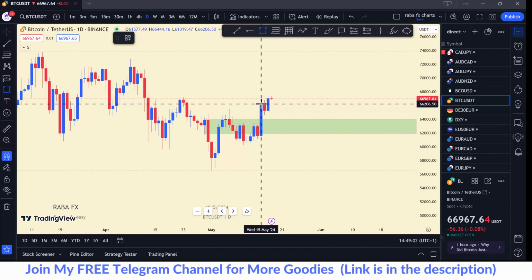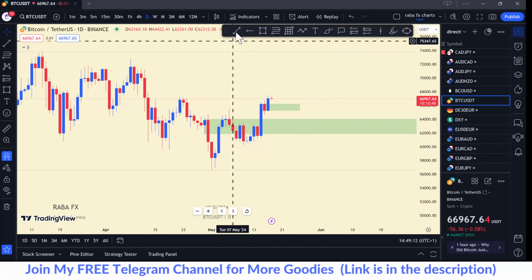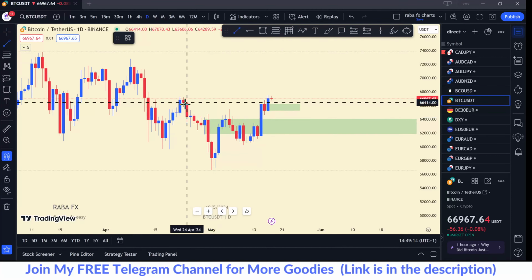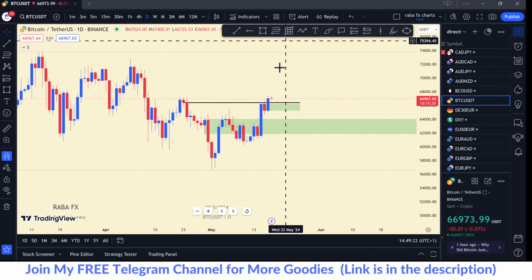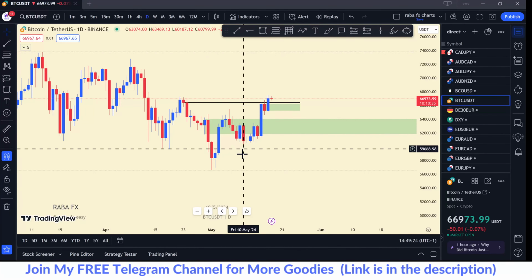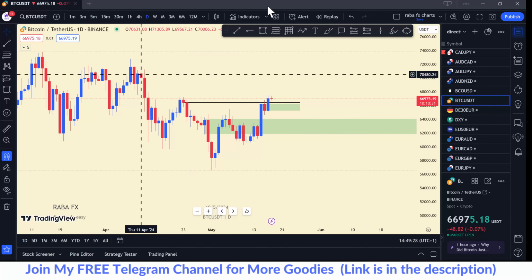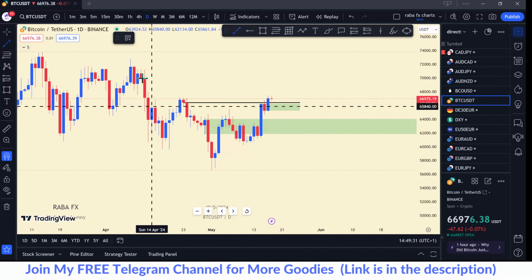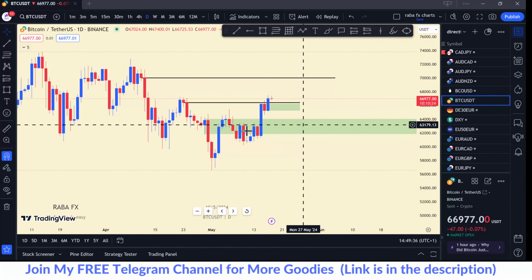For me, once price trades into this zone, I'll be looking to buy. Now, we have an obstacle here, but we closed above it with so much vigor, so we might see a retest and then push higher. So the Bitcoin chart is looking pretty bullish, and then we have all this area to target, potentially this area to target.